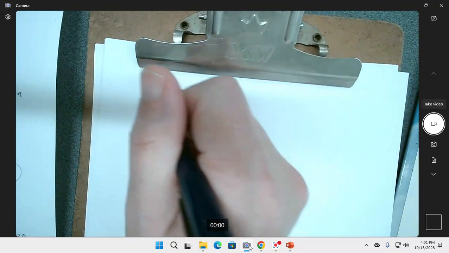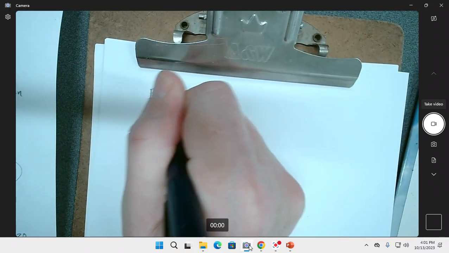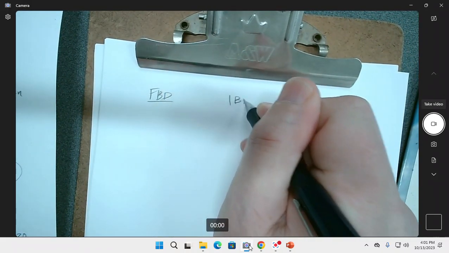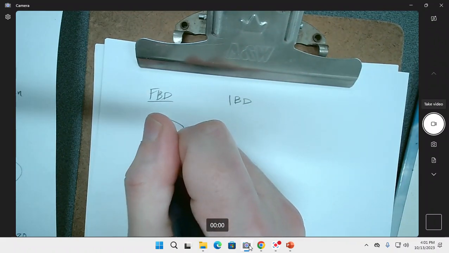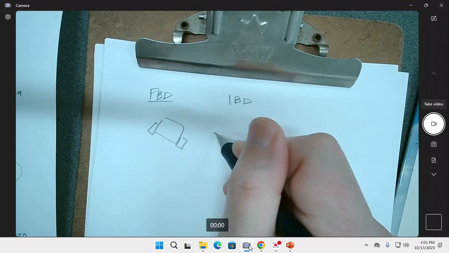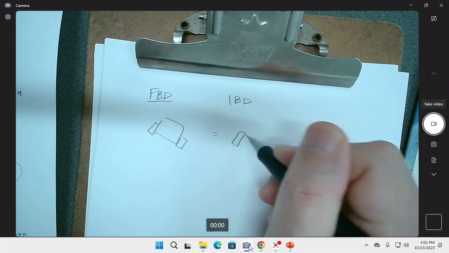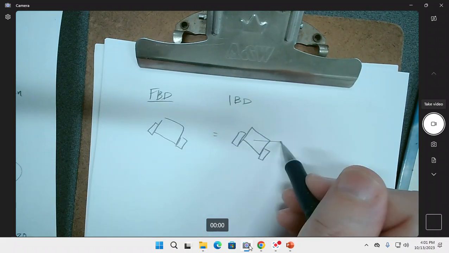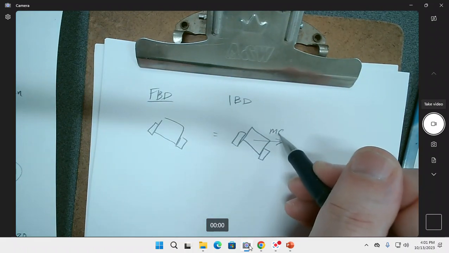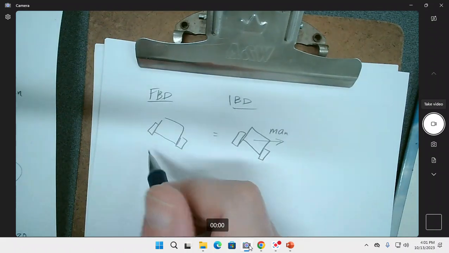So we redraw the FBD. And we have the car. Still have the mg as part of it.